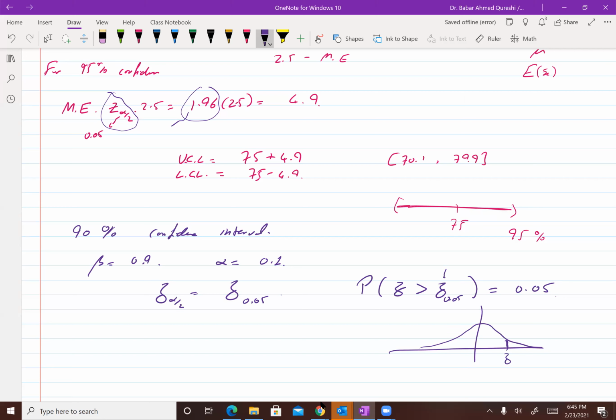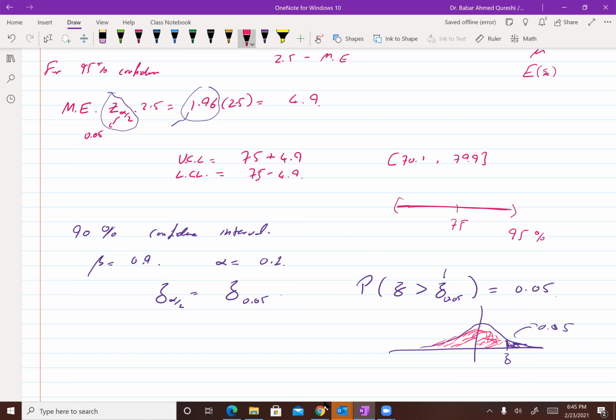This value is somewhere here, so that this area is 0.05. Now, I will go to my calculator that computes these areas.